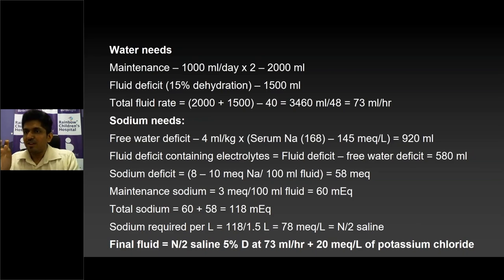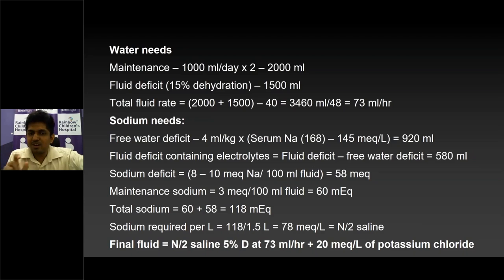For example, if your free water deficit is 920 ml, the electrolyte deficit fluid would be 580 ml. How is this obtained? You minus the 920 ml, the free water deficit. The sodium deficit would be 8 to 10 milliequivalent per 100 ml of the fluid deficit. So in this child, 580 ml is the fluid deficit containing electrolytes.